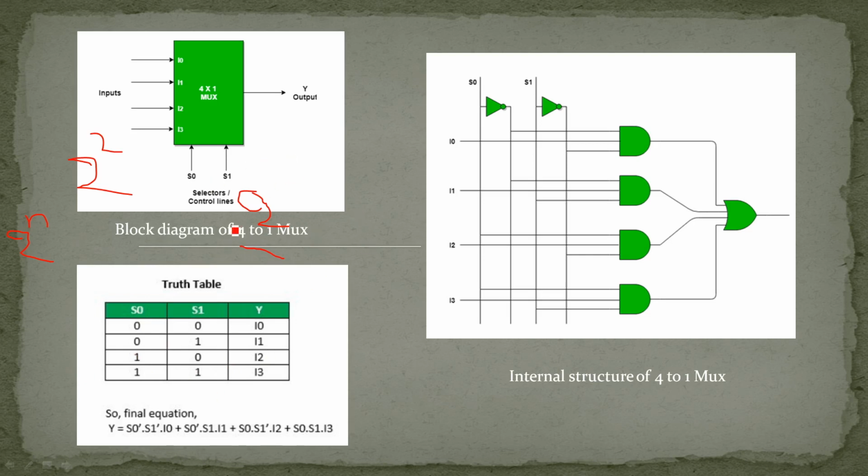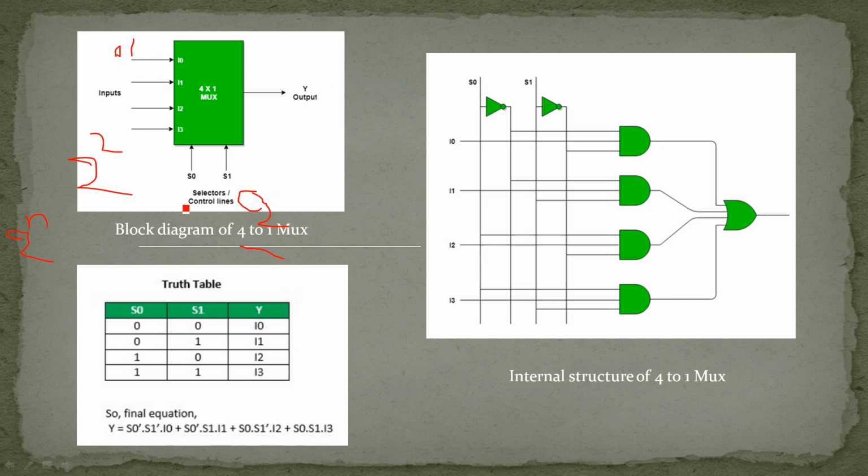For every combination, the multiplexer is connected to one of the sources or inputs. Here the sources are I0, I1, I2, I3. If S0, S1 are both 0 0, it selects I0. Whatever data is at the I0 terminal, either 0 or 1 or any number, is transferred to the output.